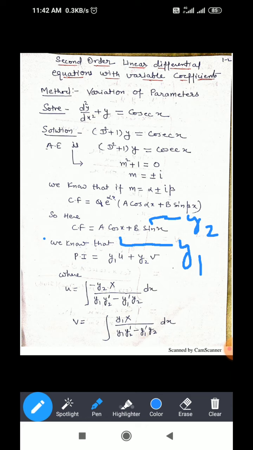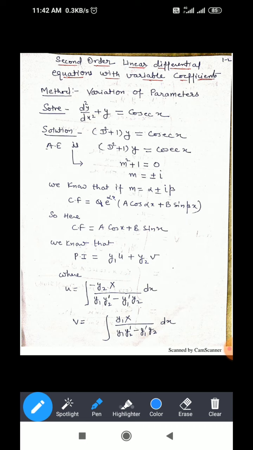We already discussed the formulas of u and v. It is clear that here y1 is equal to cos x, y2 is equal to sin x, and r is equal to cosec x. We can use the formula u is equal to integration of minus y2 r upon y1 y2 dash minus y1 dash y2 dx.